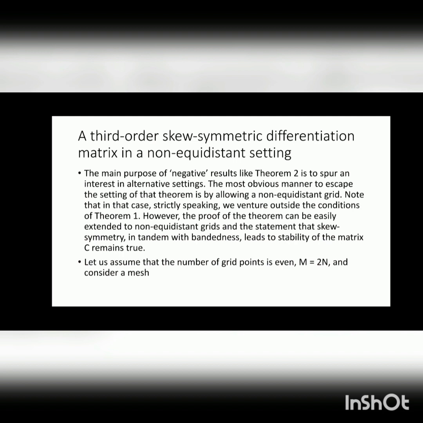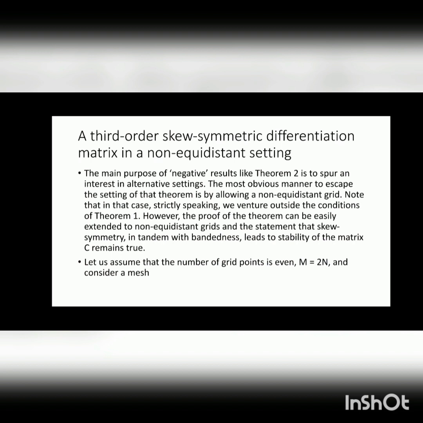The most obvious manner to escape the setting of the theorem is by allowing a non-equidistant grid. Note that in that case, strictly speaking, we venture outside the conditions of theorem 1.